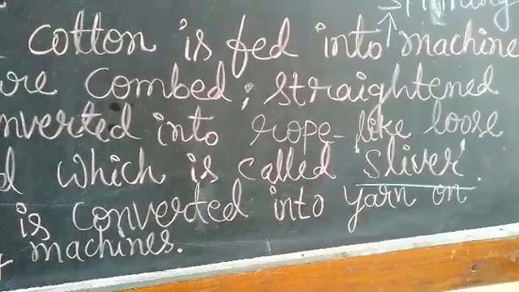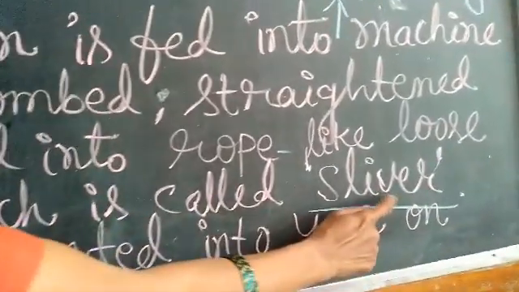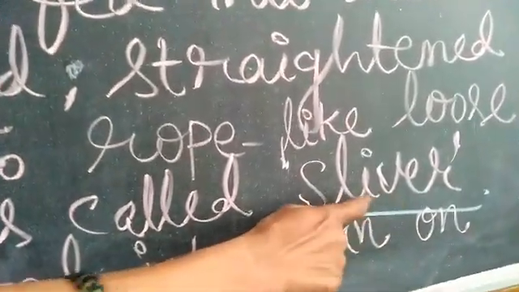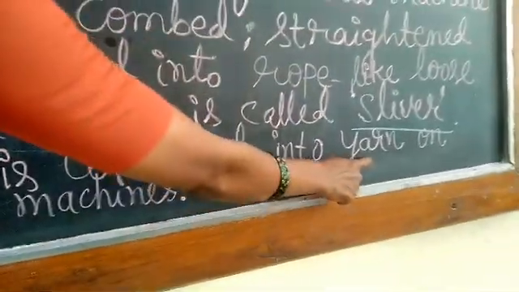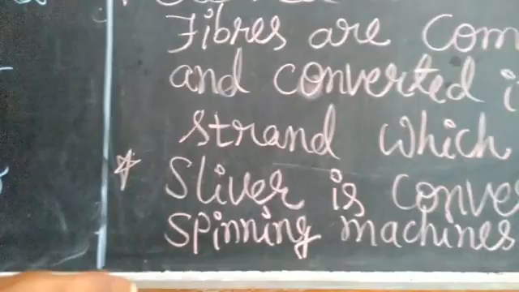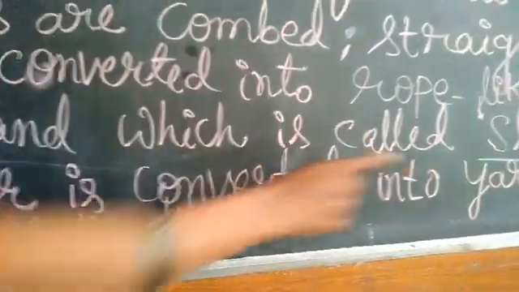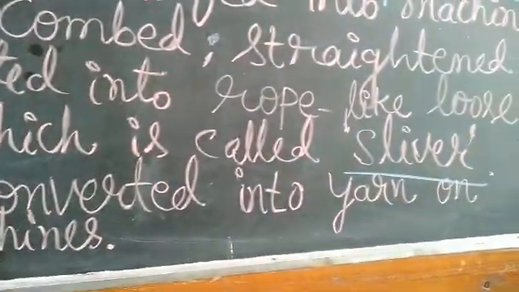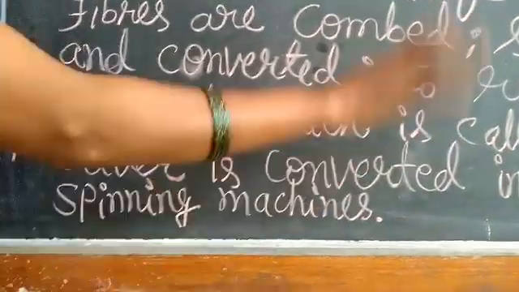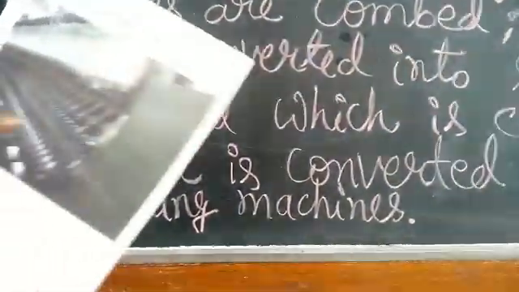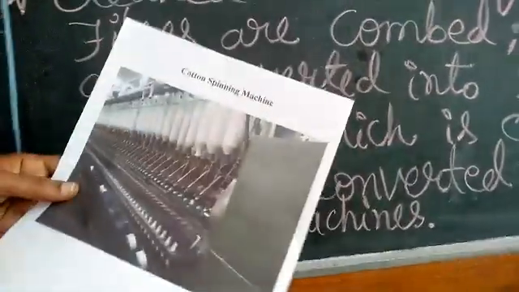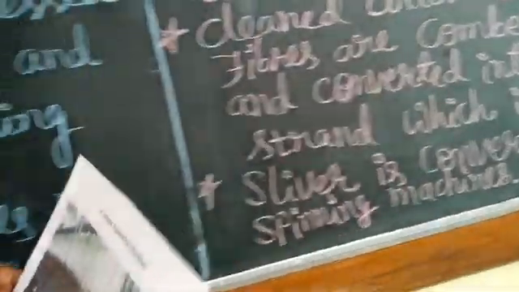A long rope-like structure is called sliver. Then the sliver is converted into yarn, that is thread. In this spinning machine, yarn is made.